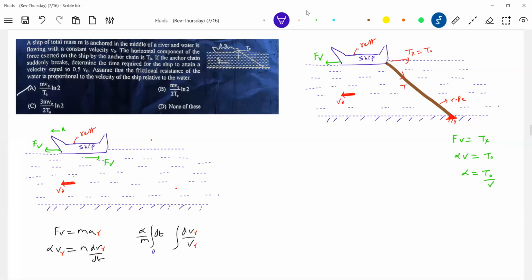At t equals 0, what is the velocity of the ship with respect to the river? Minus V naught. Then after some time it will be minus dvr by dt. The relative velocity will decrease.